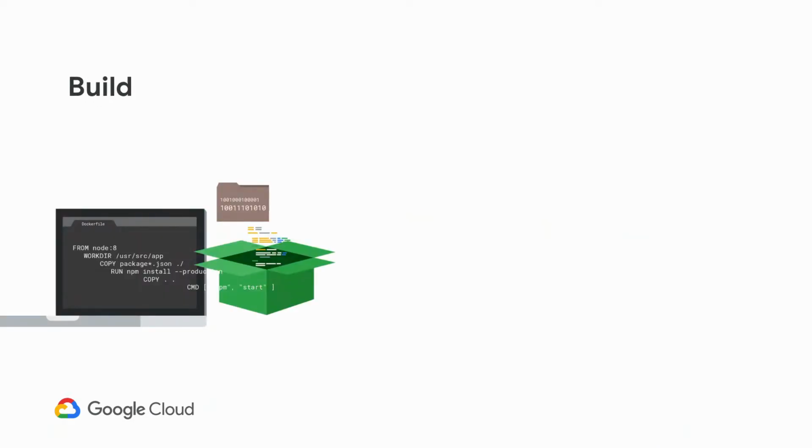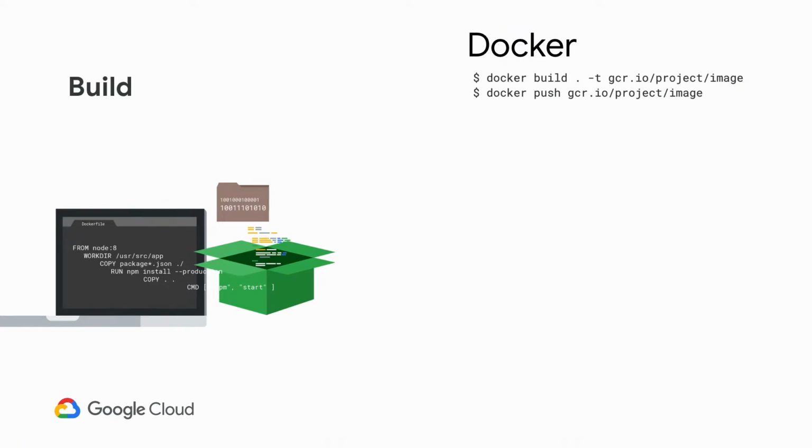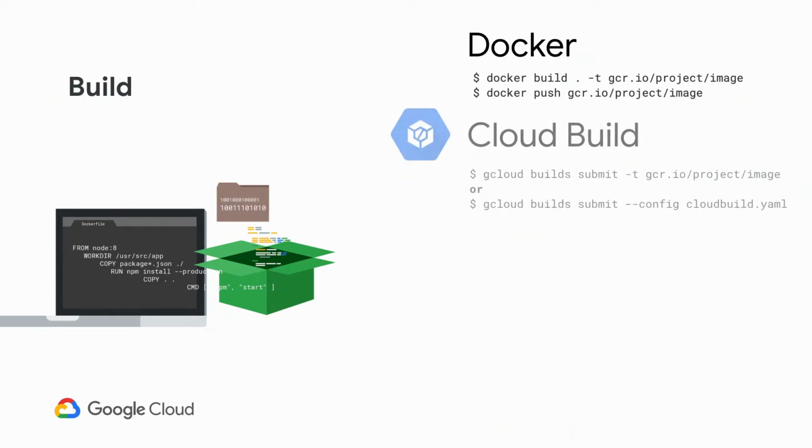So the build process, you are familiar with Docker build. For those of you who use Docker, I think you are familiar with these commands. You might be wondering what GCR is. GCR is our container registry. For those of you who are using containers, you might be using ECR, which is Amazon's container registry, or even Docker Hub as well. So GCR is our version of Docker Hub.